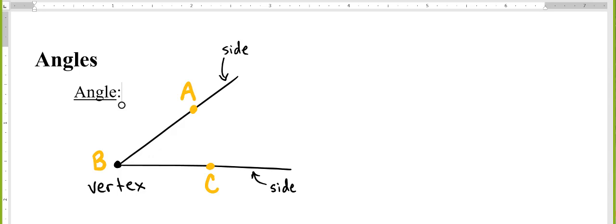And it gave you different ways to name that angle. You could call it angle ABC. You could call it angle CBA, or you could just call it angle what?